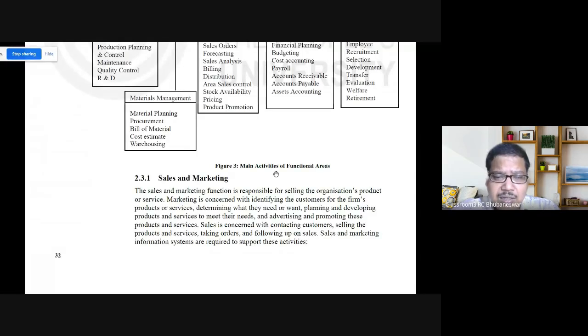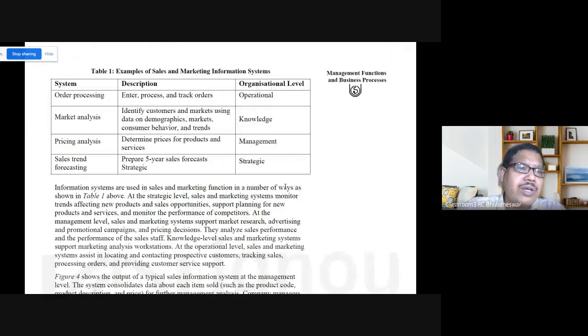So sales are concerned with coordinating, contacting the customers, selling the products, providing the services, taking the orders, follow up, and selling them in the market. Out of that, we are going to get a proper marketing information system.